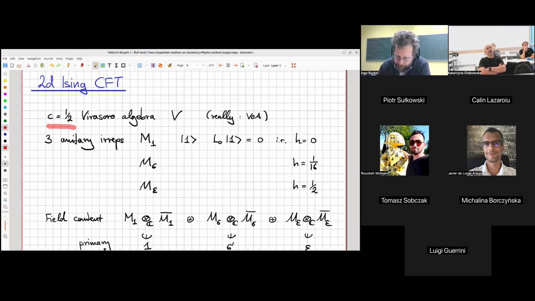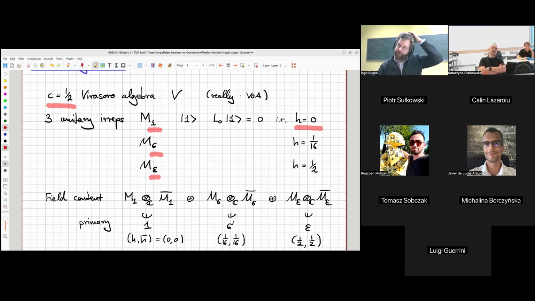I've called them M1, M sigma, and M epsilon. And they have a state of lowest conformal weight, lowest L0 weight, each. For M1, that weight is 0. The other weights are 1/16 for sigma and 1/2 for epsilon. So sigma will later be the spin field, and epsilon will be the energy field, which generates the perturbation which pushes you off the critical point.